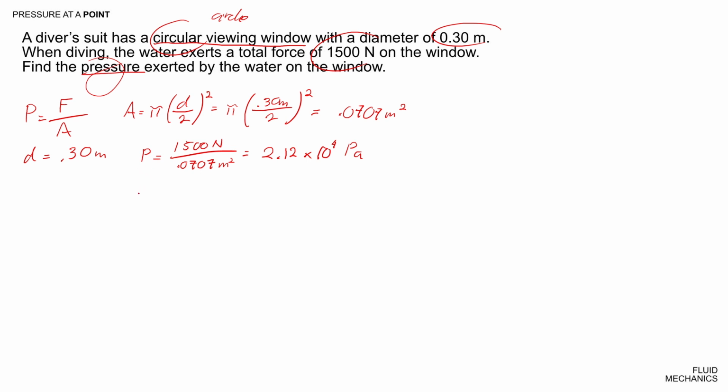Or if you want to keep things short, the pressure would be equal to 21.2 kilopascals. This is your final answer to this question, which is the pressure exerted by the water on the window. Let's move on to the second problem set.